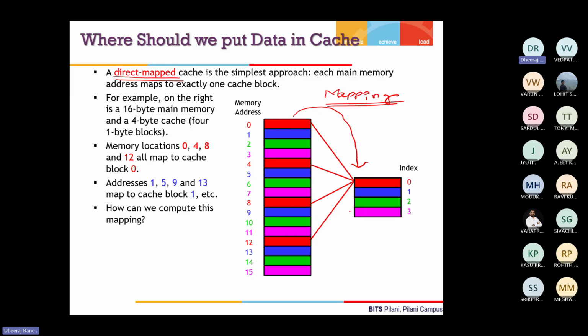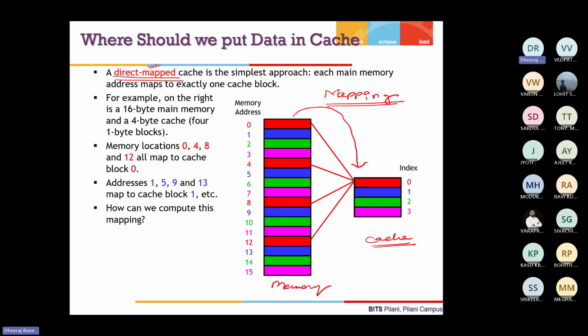Based on the size, this is your main memory and this is your cache. We are taking an example with small numbers so that the concept can be established. Right now we are looking at the concept of directly mapped, and by the color itself, you will be able to decode what exactly is happening.